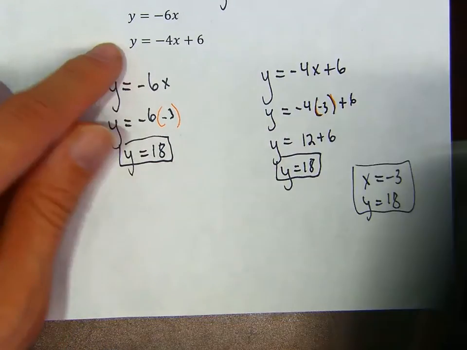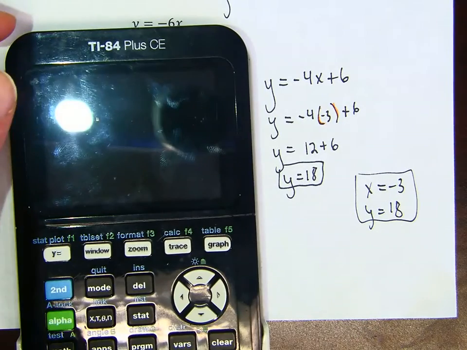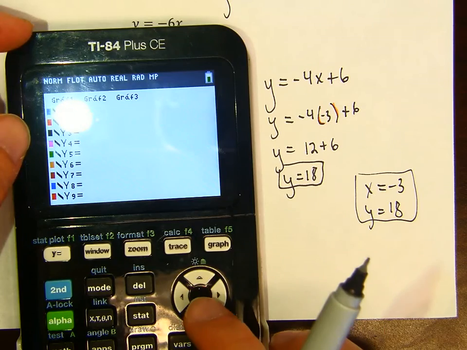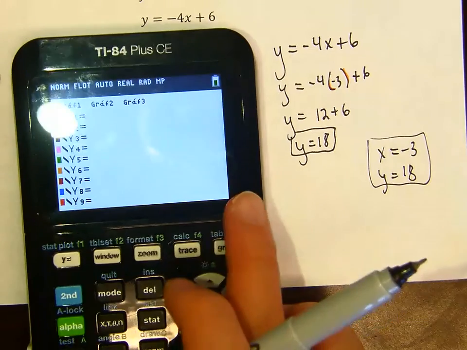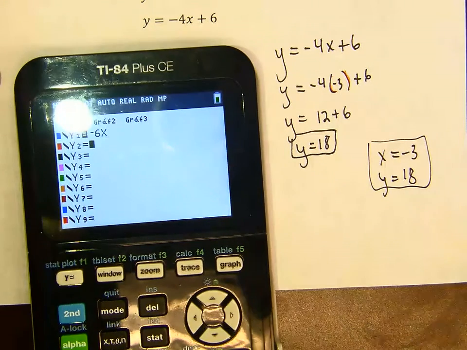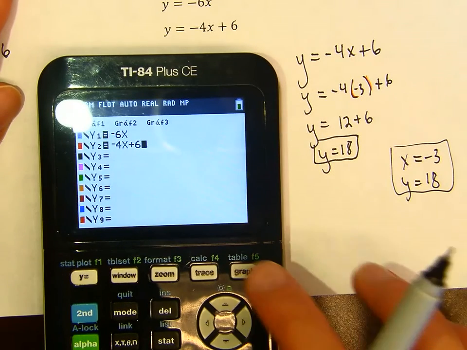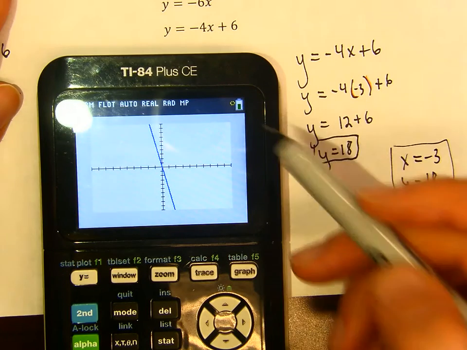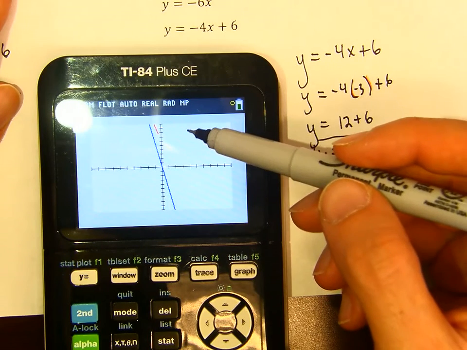What should happen with these two lines? Let's see. If I go to Desmos, or to my calculator, and type in y equals negative 6x, and the other one, negative 4x plus 6, and graph it, I can already see what's going to happen.